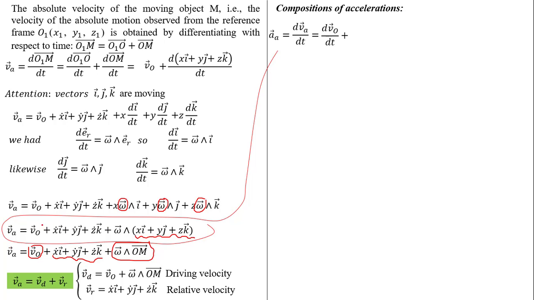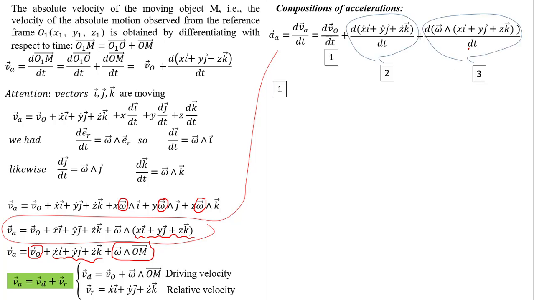It will be equal to dVo over dt plus the derivative of these three terms with respect to time plus the derivative of omega cross xi plus yj plus zk over dt. The first term is equal to the acceleration of point O. It's the acceleration of the origin, so it's the acceleration of translation of the moving frame.